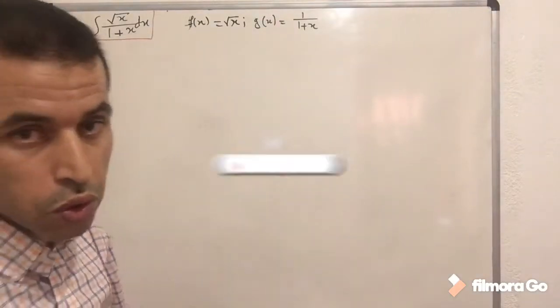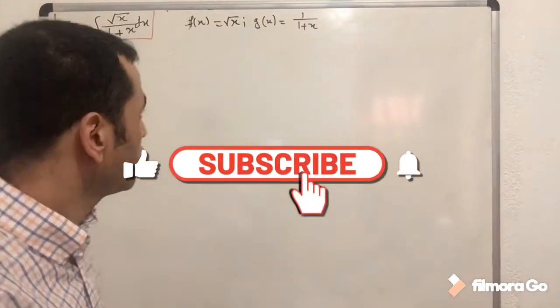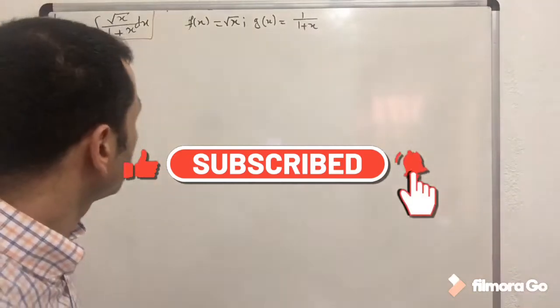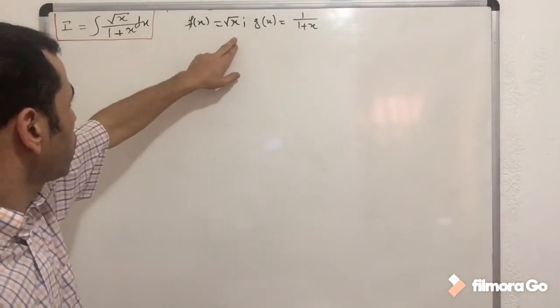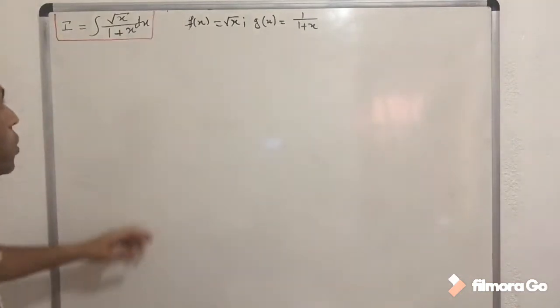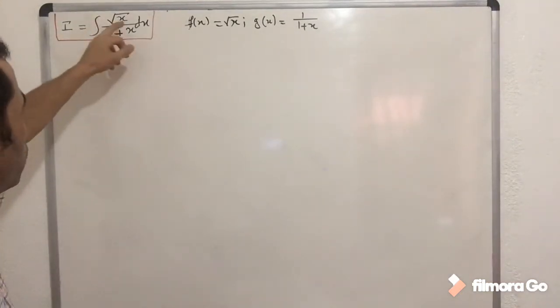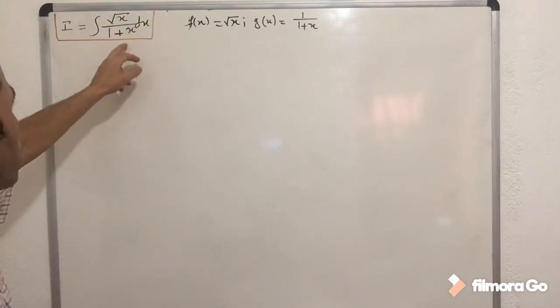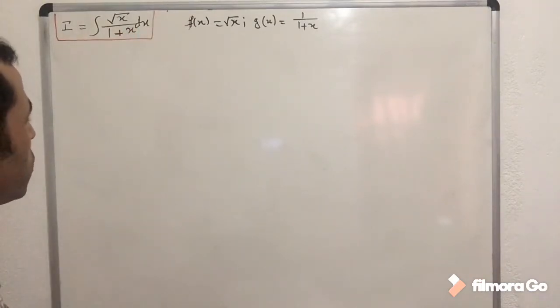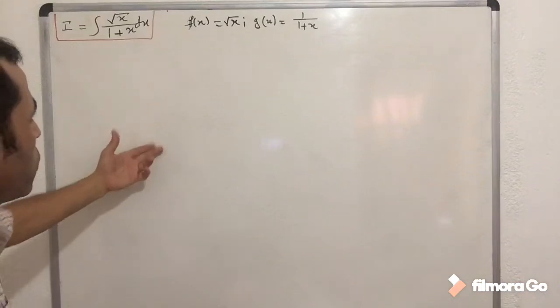I want you to go straight to the solution. So in order to avoid these problems, notice here when you see the square root of x and 1 plus x, keep in mind, let's try for example by parts.